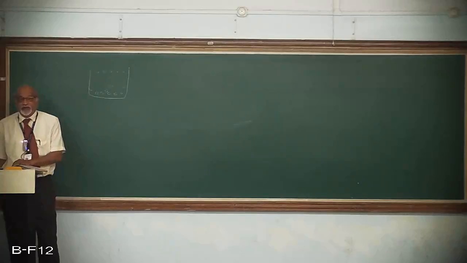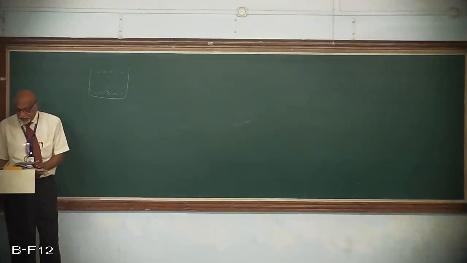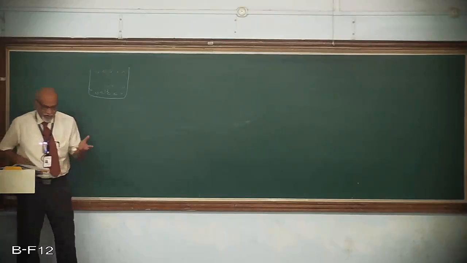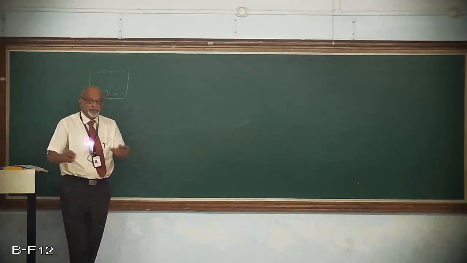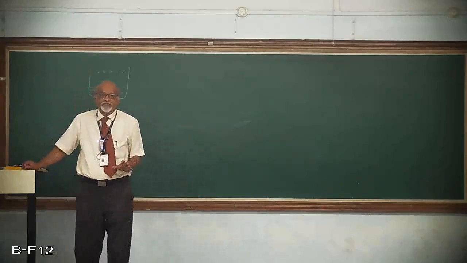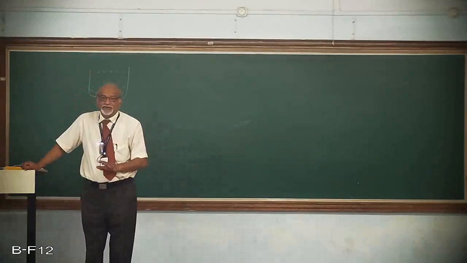We are not going to decide about sampling by variables, but only sampling by attributes. You should keep that in mind. We are not going to consider the degree of defectiveness, only whether it is a defective part or a good part.